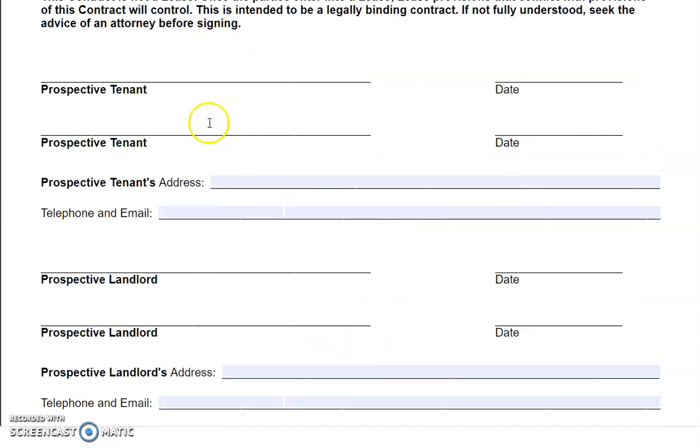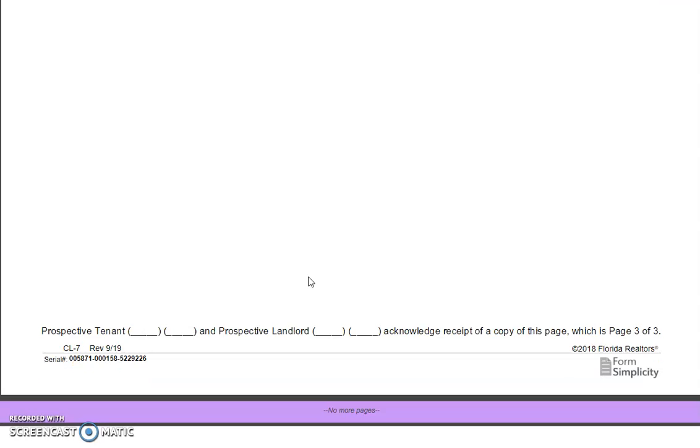Then you go here, and the prospective tenant or tenants need to sign here and the date. Landlord's here, and if you have the address that the tenant is living at right now, you put it here with the phone and email. The more information you put, the better.